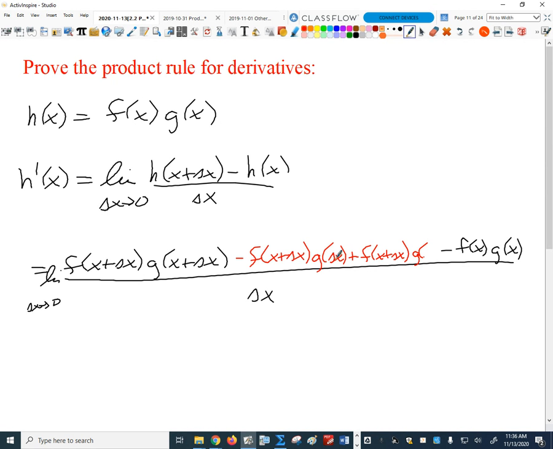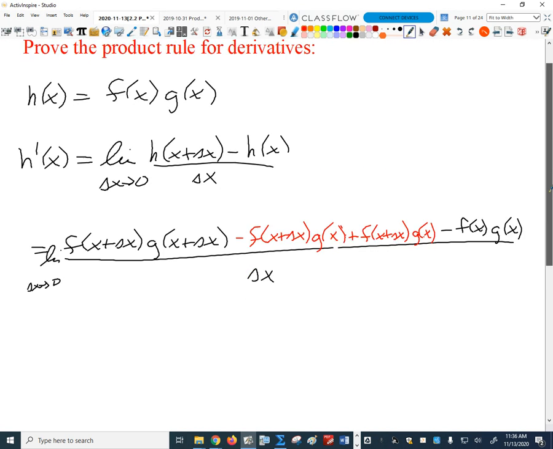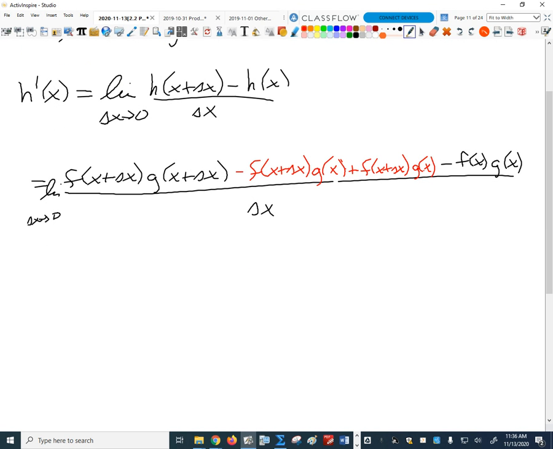Yeah, that's not g of delta x, it's just g of x. I had to think there for a second, but that's just going to be a g of x. Okay, I've added 0, right? I've added the same term that I've subtracted, but we're just going to group this in such a way that this will be helpful. So let's take these first two terms right here, and let's factor out an f of x plus delta x.